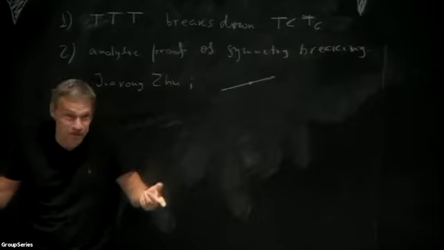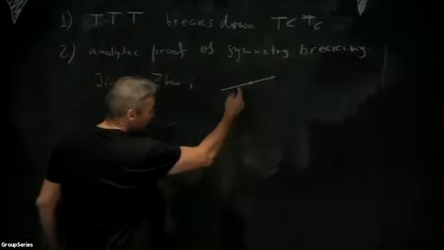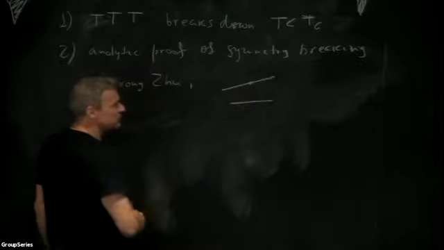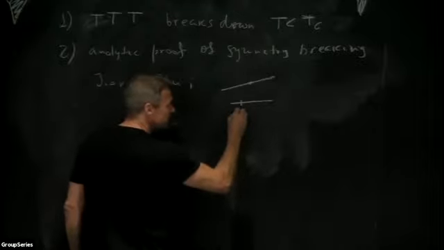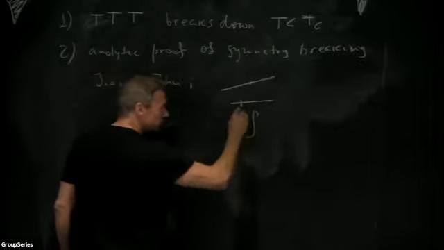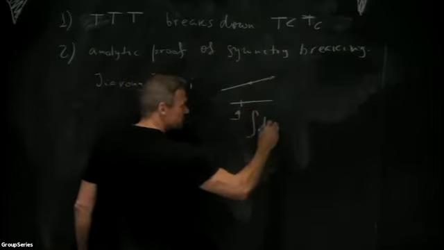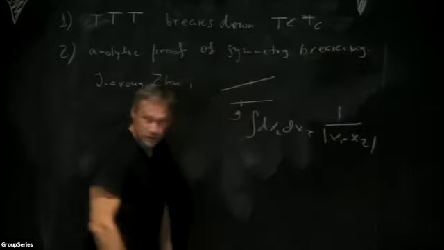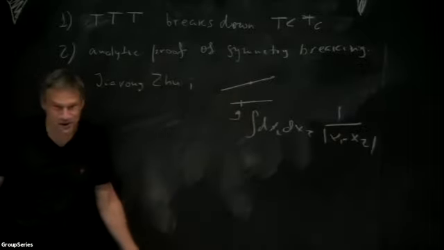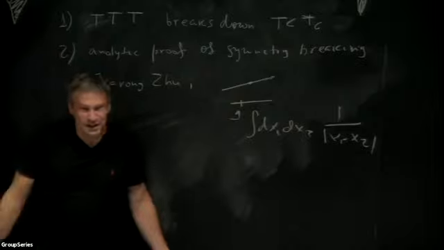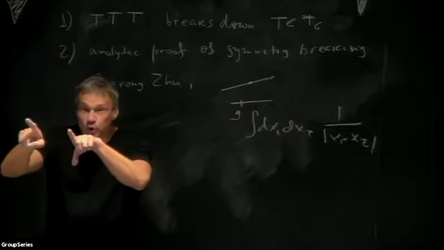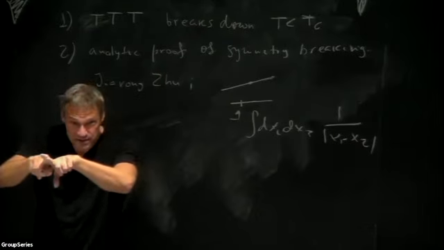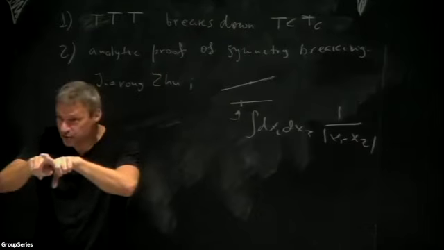This is, of course, trivial, but somehow I didn't see it. Why is it trivial? Because if you have constant density on a line and another constant density on a line, then the energy will be given by the double integral dx1 dx2 over modulus of x1 minus x2, which of course diverges logarithmically. What's the problem? So if you take two degenerate ellipses and put them on top of each other, you get a divergence.